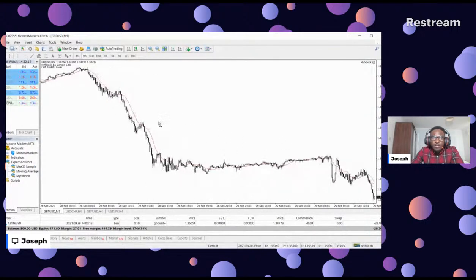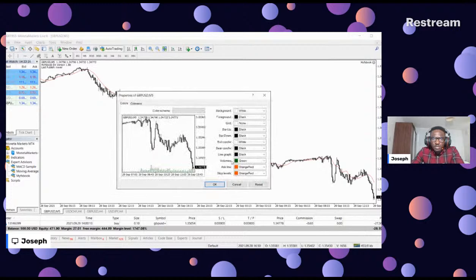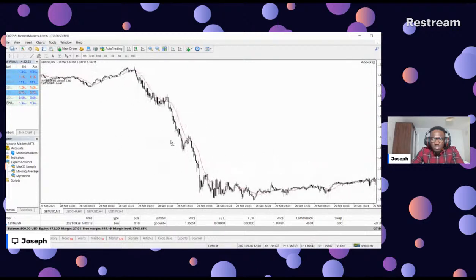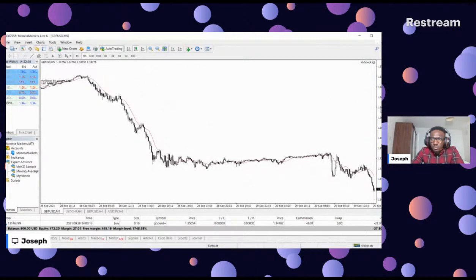I've never used the MT4 platform. Let's see, properties. Come on. Why is it that you can't move the?